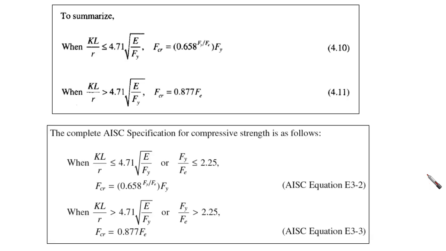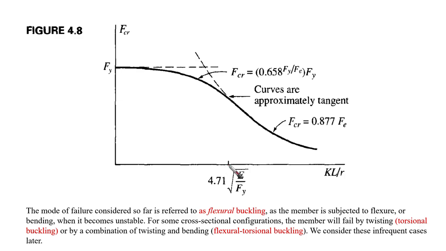Now let's go to the summary of what we have said for compression members. Now we want to put a limit. First of all, for the horizontal limit, which is KL over r, and the vertical limit Fcr. For the horizontal limit, we're going to put this limit here, which is 4.71 times the square root of E over Fy.